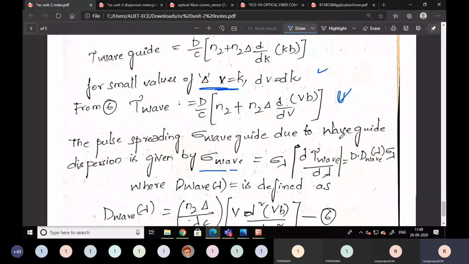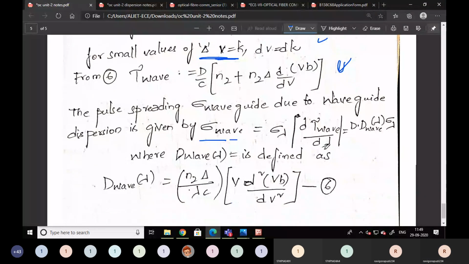Then find out pulse spreading. Sigma wave is given by d by d lambda of tau wave into sigma lambda.